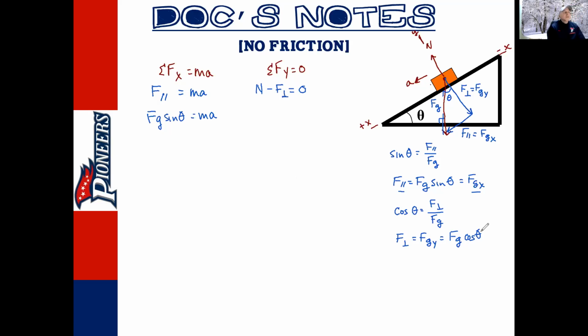That's really the only difference with an inclined plane. Because then when I come over here, I have the normal force up minus the perpendicular component, which is FG cosine of theta, equals 0. And what you're going to see is for the y, generally, there are very few problems I can think of where that's not going to equal 0, but the x is always going to be the one that's equaling MA.